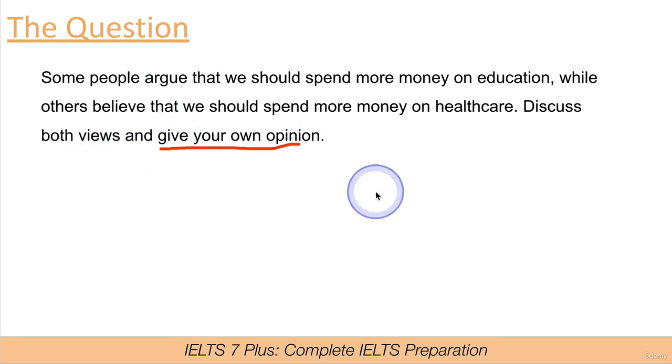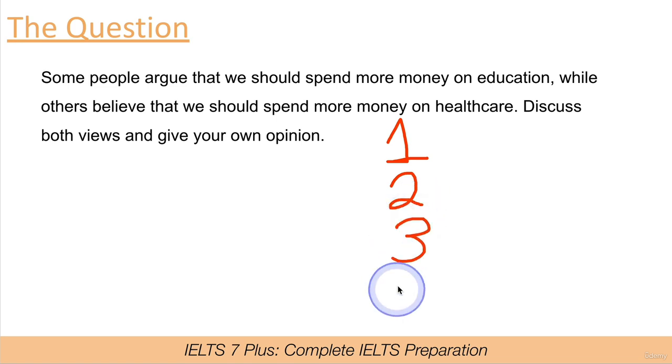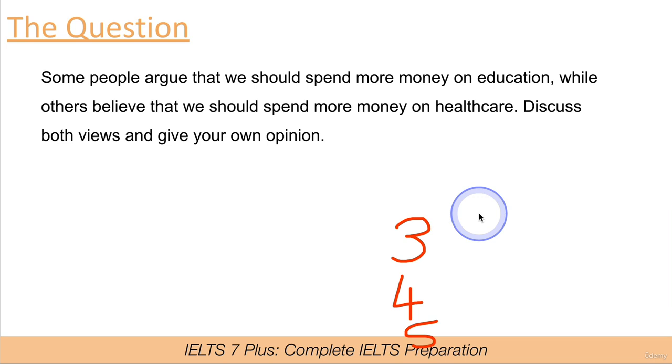So if you've seen these types of questions before here in these videos, you'll know how I like to approach them, you can do a 5-paragraph structure where the fourth main body is your opinion. For example, you do your introduction, then one side, then the other side, then your opinion, then your conclusion.